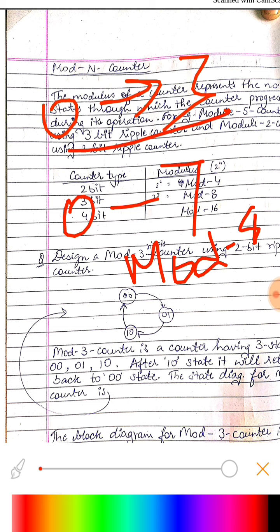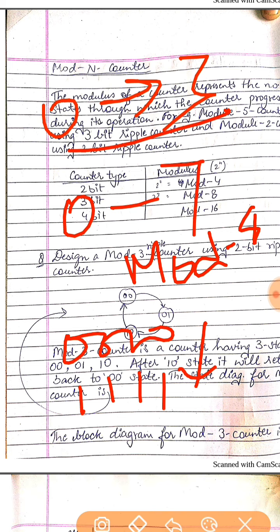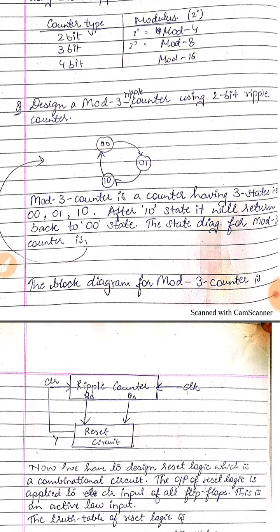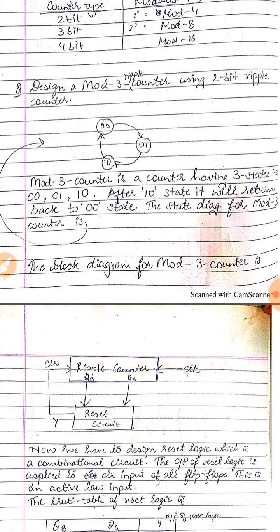Similarly, if I am using 4 bits, 0000 to 1111, then it is a mode 16 counter, as there are 16 possible states or 16 possible counts which our counter can count. So here let's start with a mode 3 ripple counter using a 2-bit ripple counter.